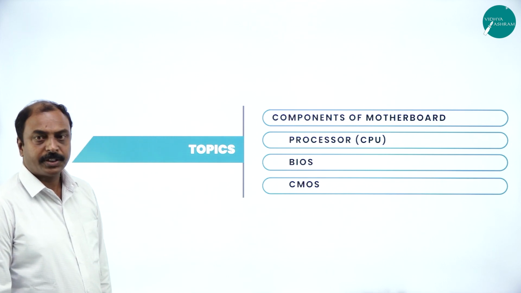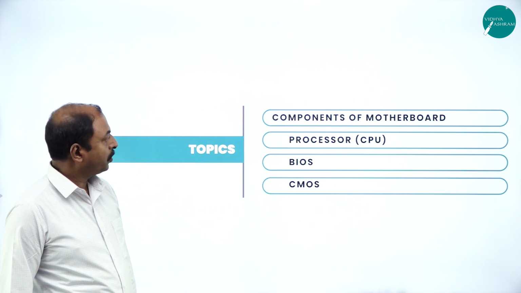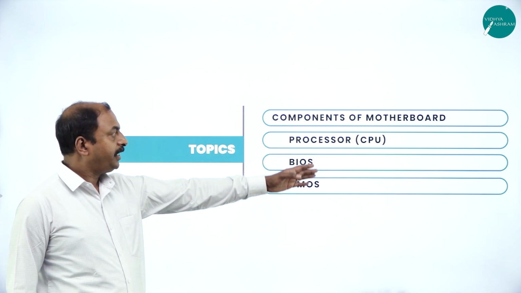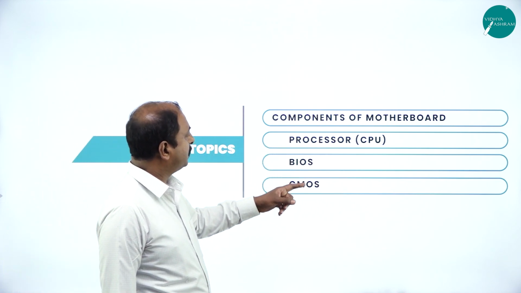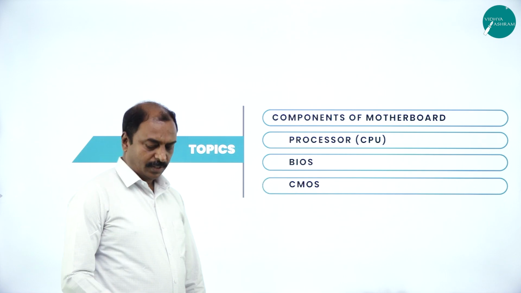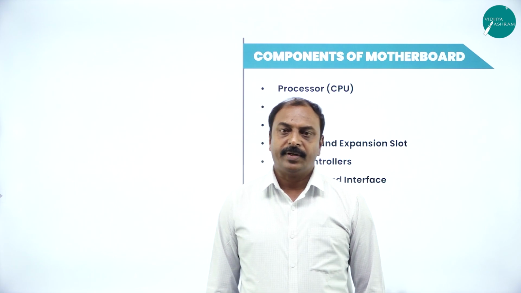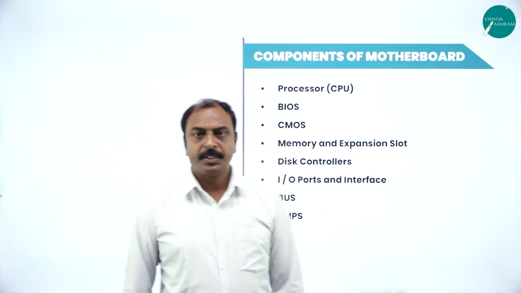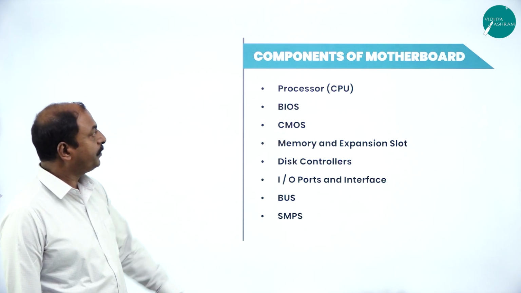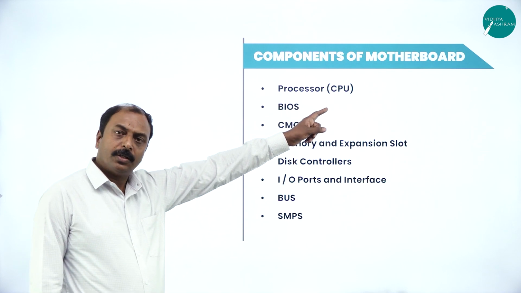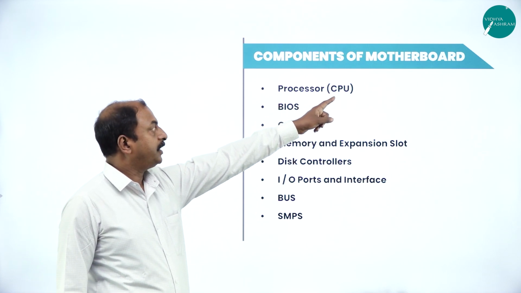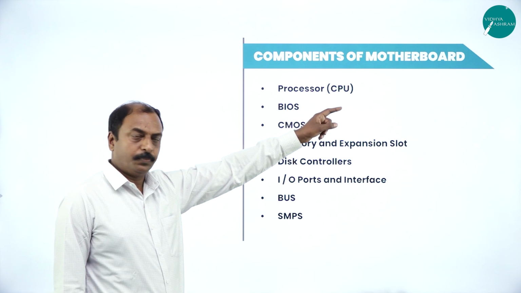In this session we are going to discuss three components: processor, BIOS as well as CMOS. And what are all the different components available on the motherboard? If you look at the screen here, the main component on the motherboard is the processor. It is also called CPU.